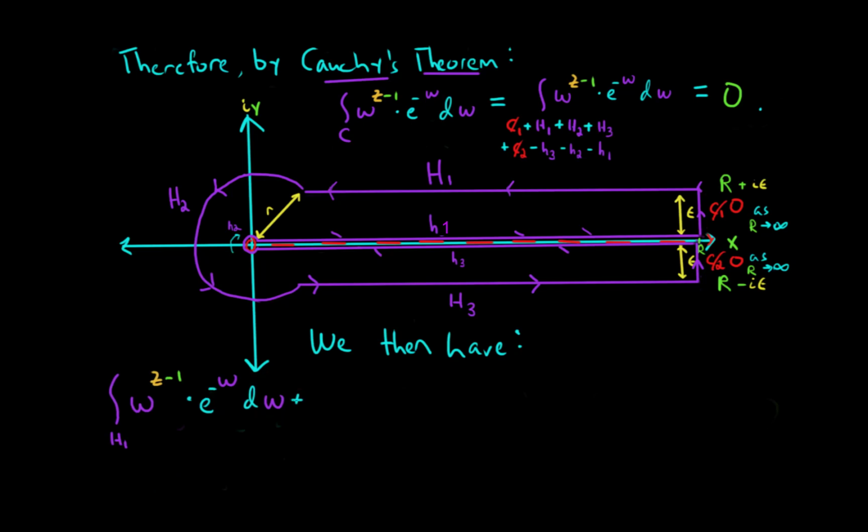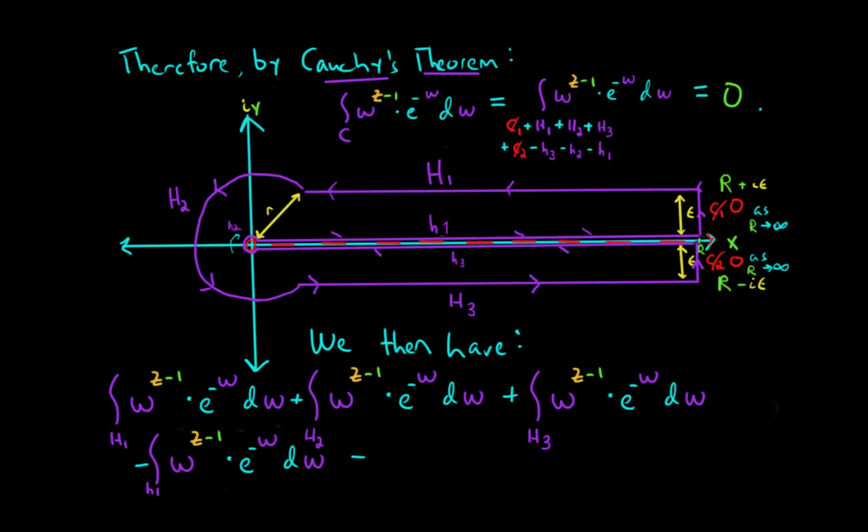Well, we can break that expression up into the integral over capital H1 plus the integral over capital H2 plus the integral over capital H3 minus the integral over lowercase h1 minus the integral over lowercase h2 minus the integral over lowercase h3, and again that entire expression just equals 0.